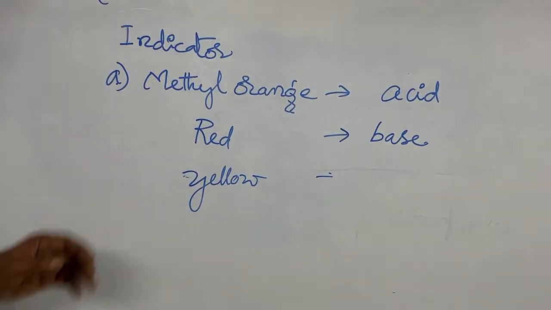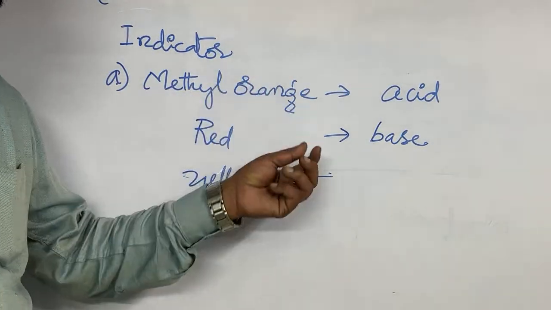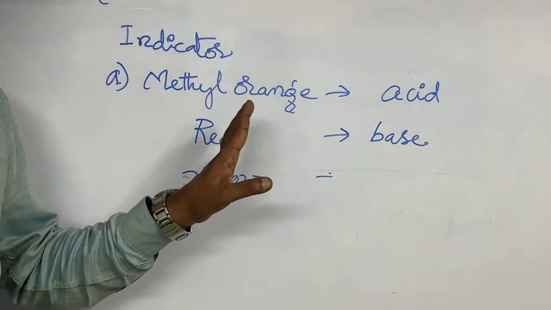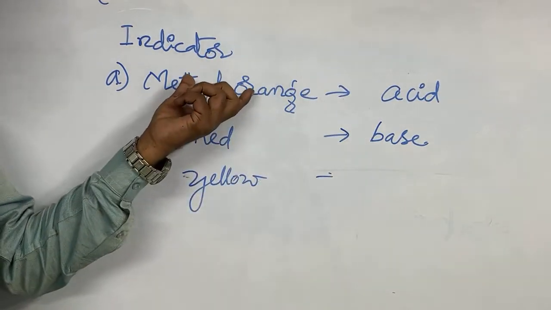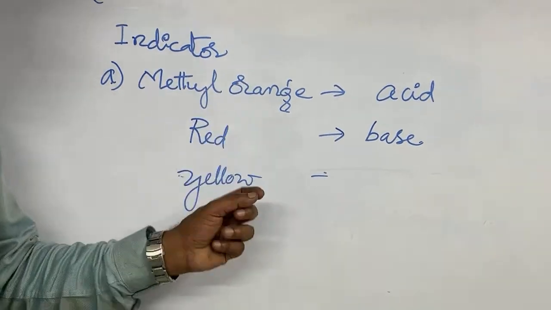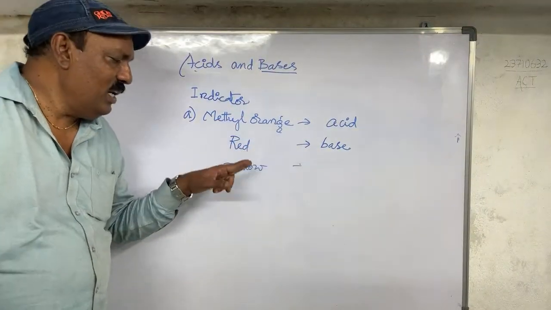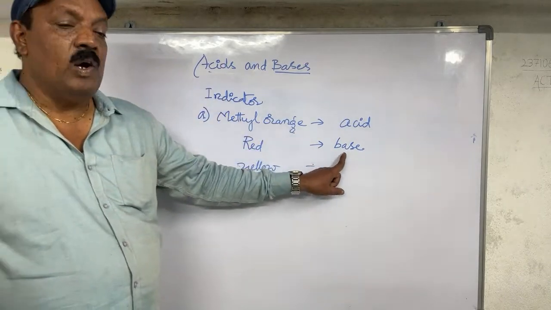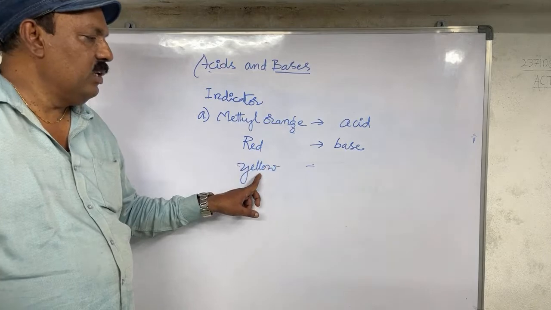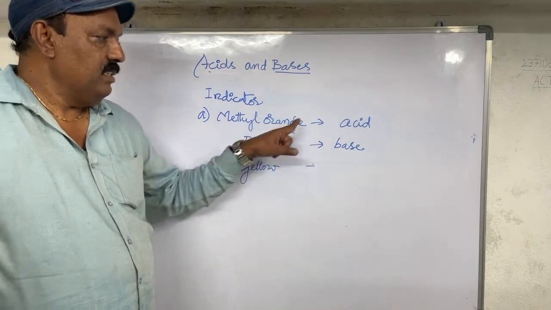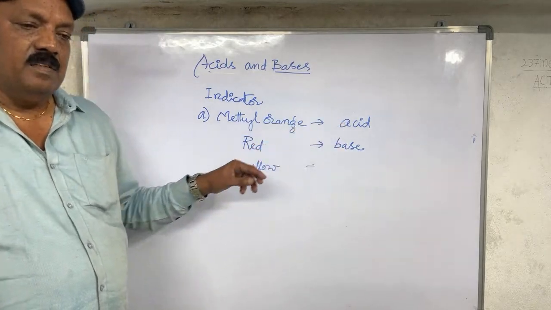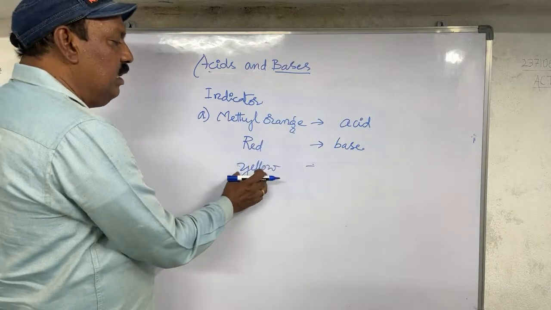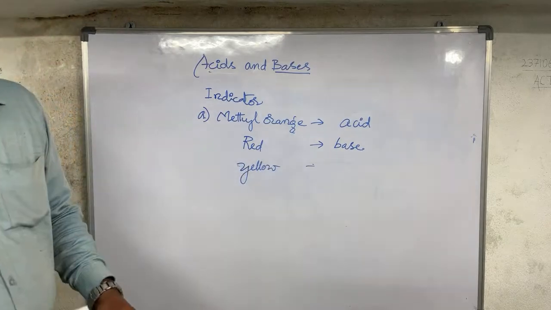Whenever the orange color methyl orange is added to base, if you are getting yellow color in the total solution, then only we can call it a base. If it is not getting yellow color, this is not a base. If it is getting red color, this is an acid. So methyl orange gives red color to the acid, yellow color to the base.